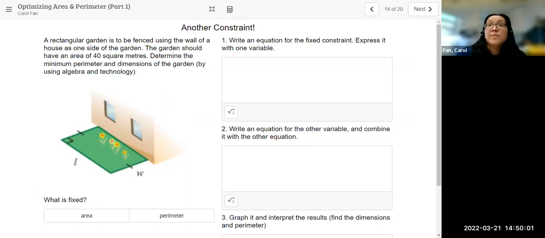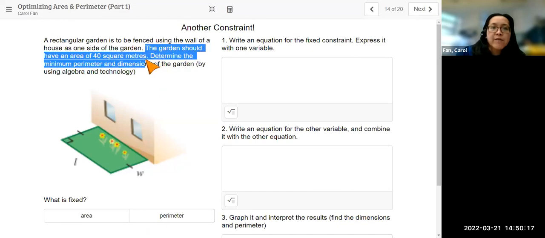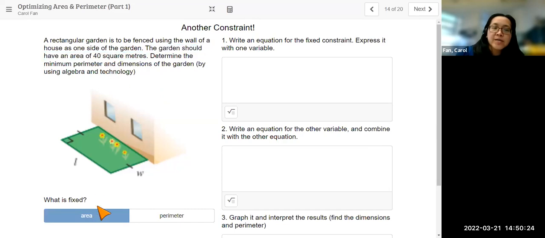So first of all, what is our fixed variable? Is it area or is it perimeter? It's told us here, the garden should have an area of 40 meters squared. So we can't change this. That means our area has to be fixed.